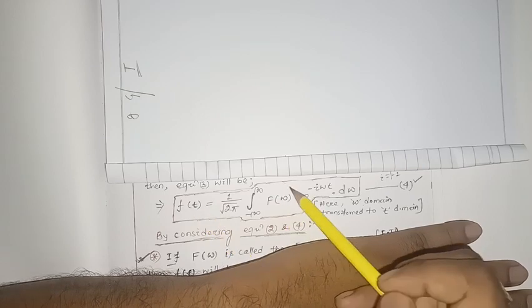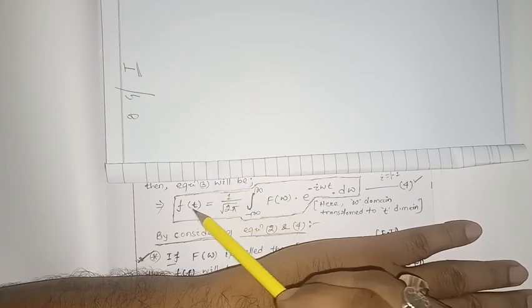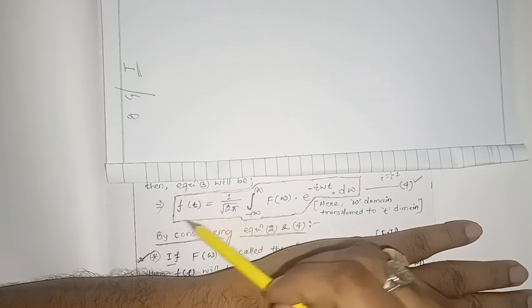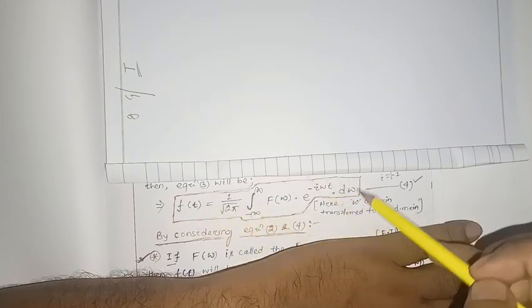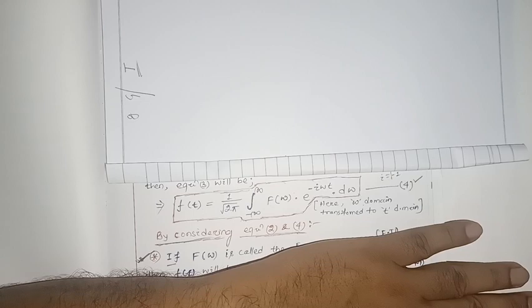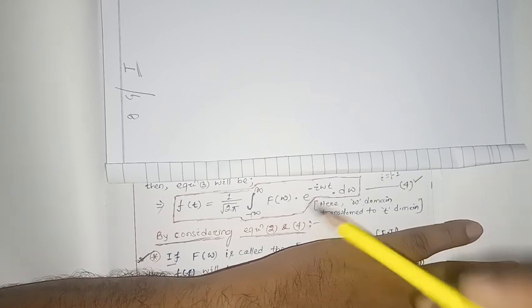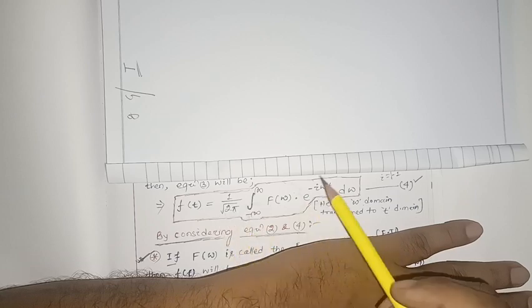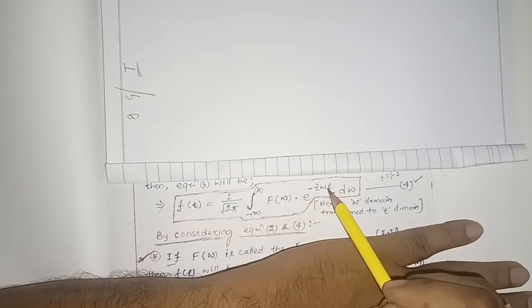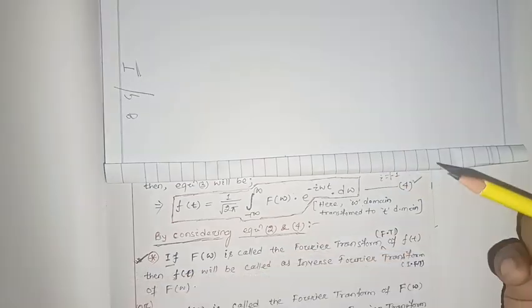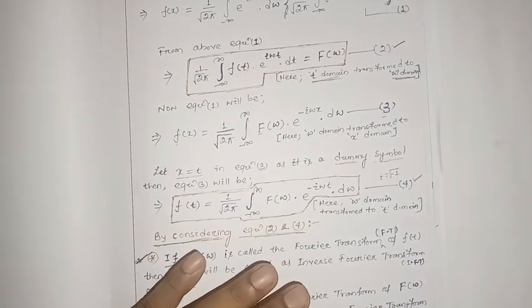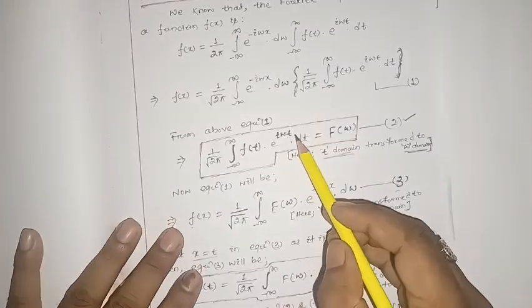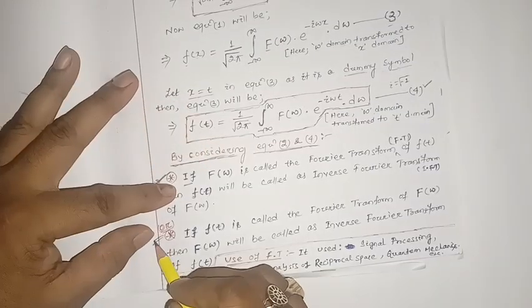So here capital F omega transformed to f of t, or we can say small f of t is the Fourier transform of capital F of omega, if I have only one integration, so I can say like this. Okay, because some of the books consider minus iota omega t at the time of Fourier transform, and for inverse they consider plus iota omega t, what I wrote in the second point.